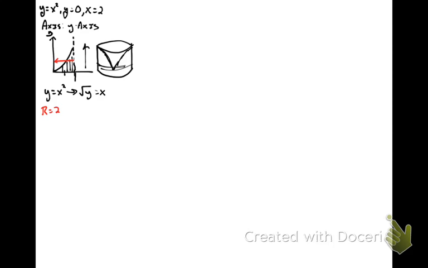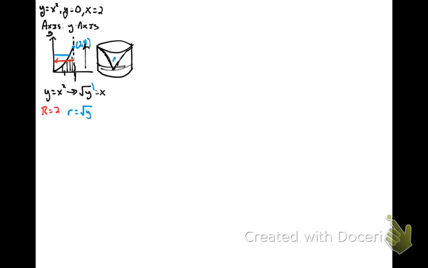Little r, which I'll do in blue, is from this curve to here, and in that case little r is the square root of y. And these things intersect at the point (2, 4).